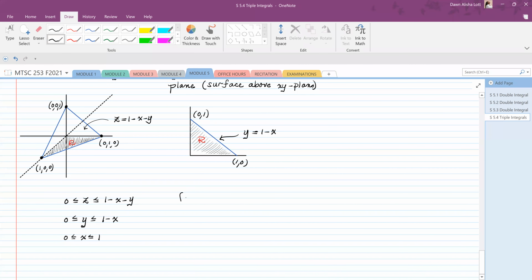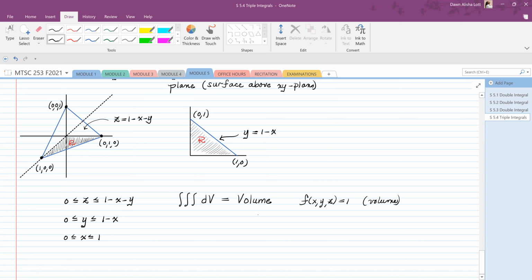So if I do the triple integral, just dV, that will give me volume. With no function, f of x, y, z is equal to 1, I just get volume.